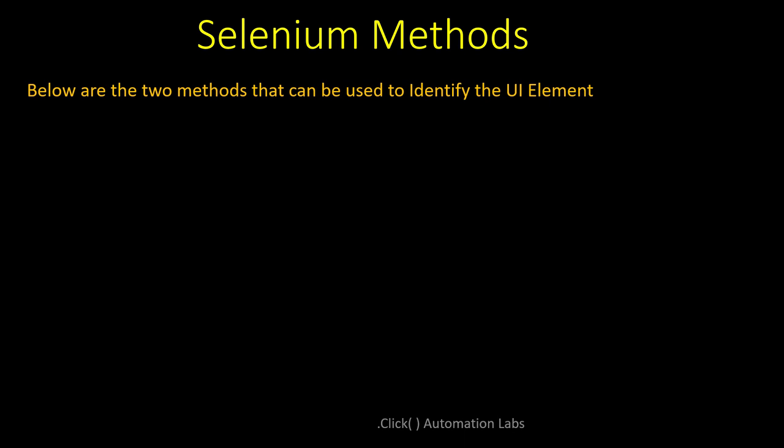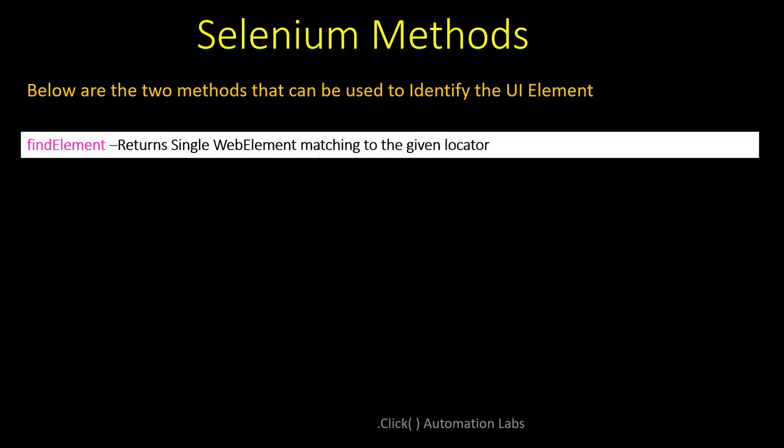Before looking into the locators, let's see there are few Selenium methods which are helpful to identify the objects. The first one is find element. So find element is one of the Selenium methods which can be used to identify the object.